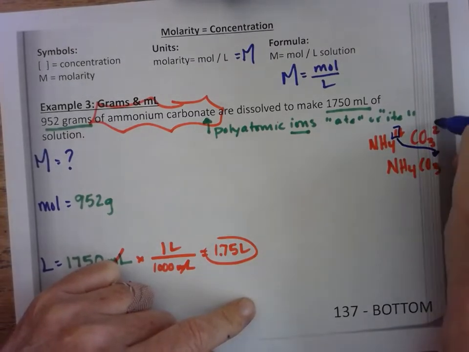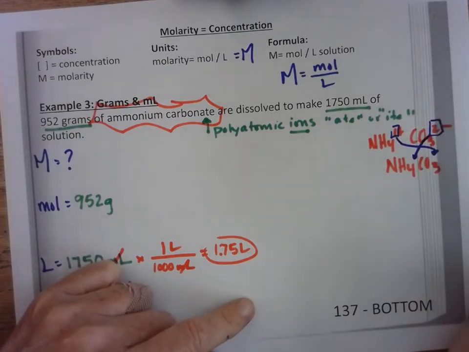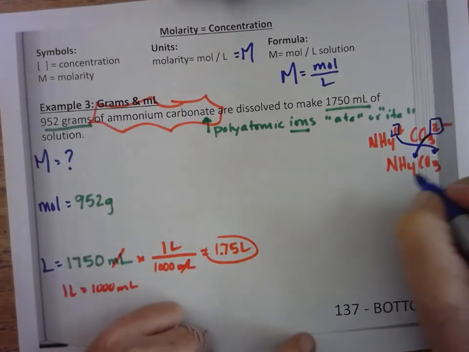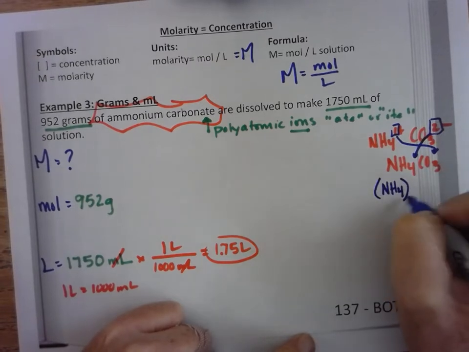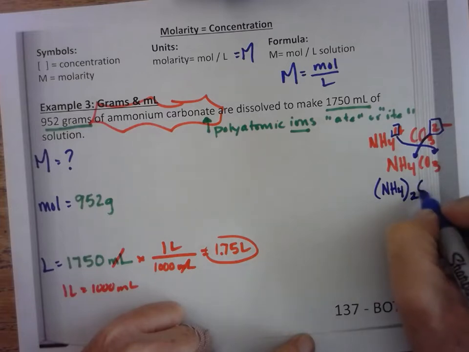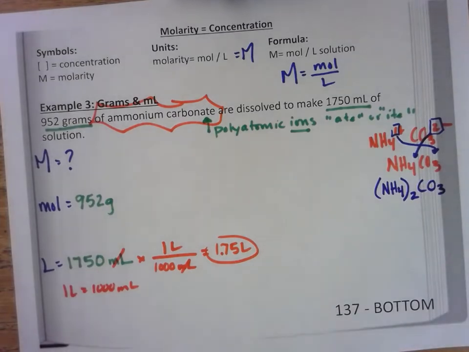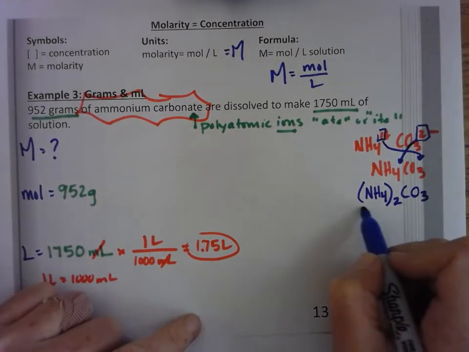And so 1 to 1, and this digit of the charge becomes a subscript for this ion. So I get NH4. I need 2 of those because of the 2, so I have to put the polyatomic in parentheses, CO3. If you don't know how to do that, you want to review those videos.